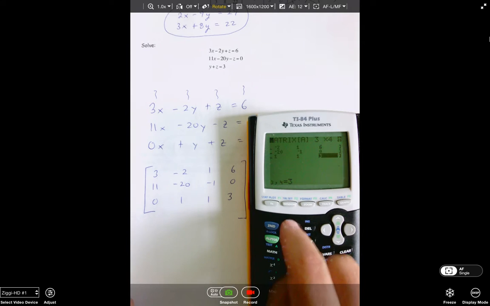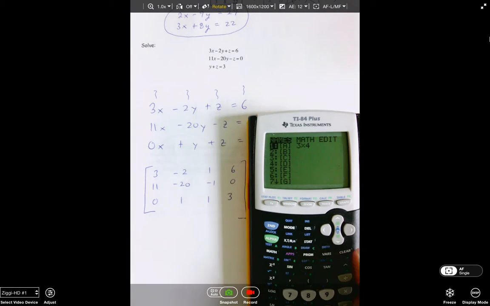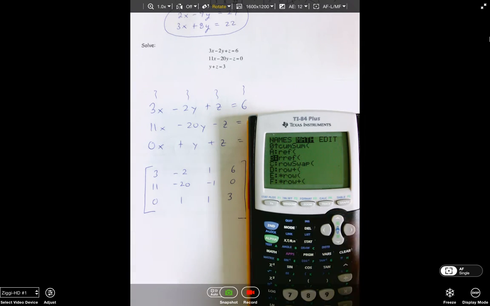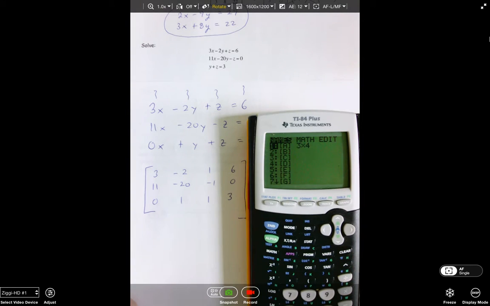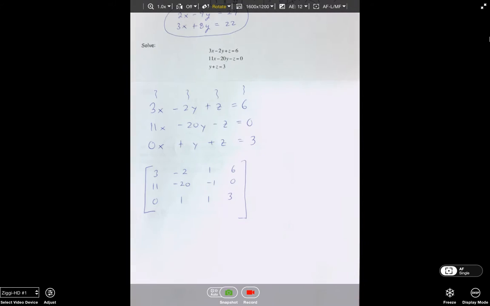Second function, quit. Go back to matrix, go to math, find that RREF thing, row reduced row echelon form. Go back to matrix, get your matrix. And the solution would be 2, 1, 2.